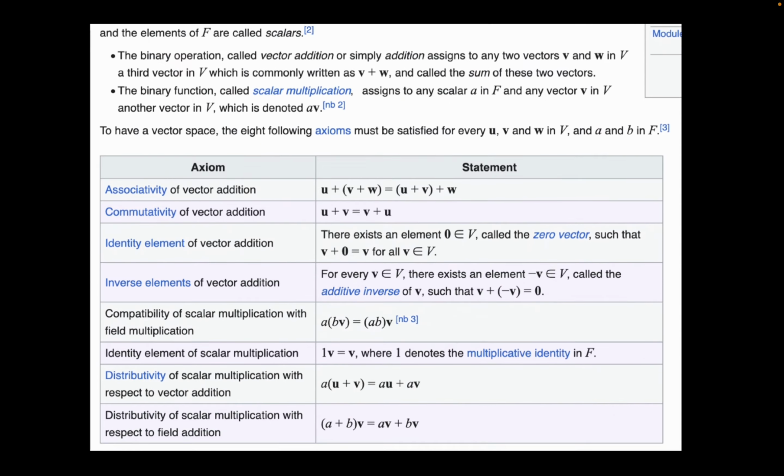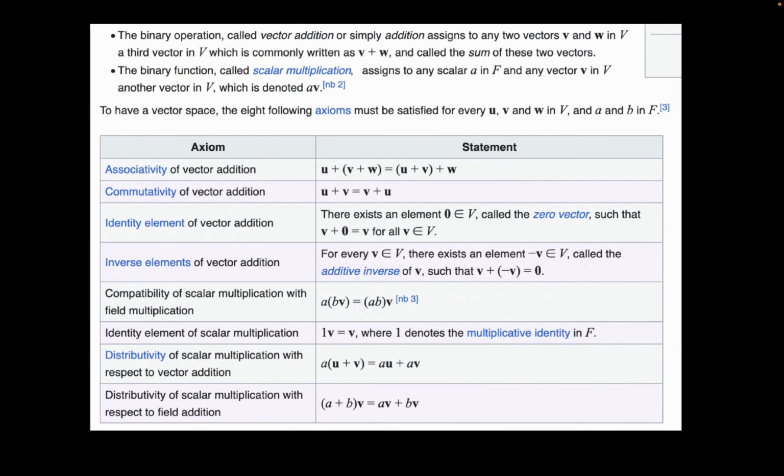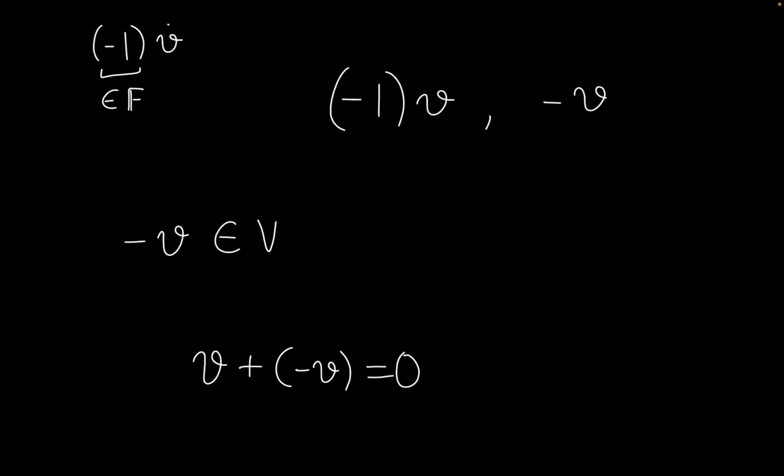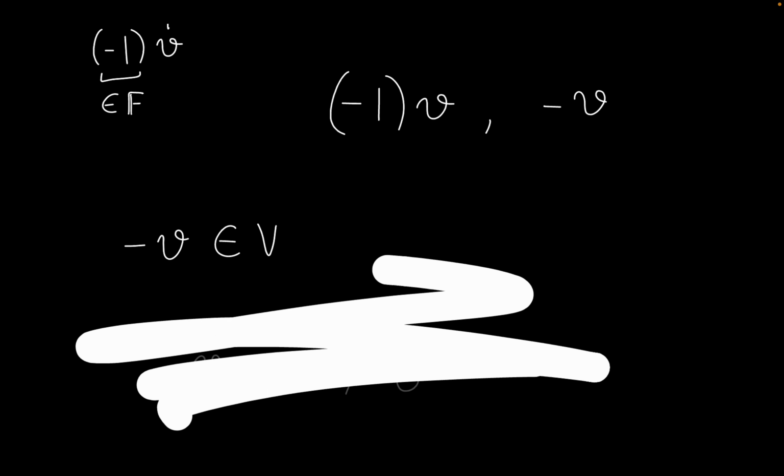We can see this definition in the axiom on inverse elements of vector addition: for every vector v in V, there exists an element -v in V, called the additive inverse of v, such that v plus -v is equal to 0. So the additive inverse is a vector. Meanwhile, -1 times v is the scalar multiplication of the scalar -1 with the vector v.